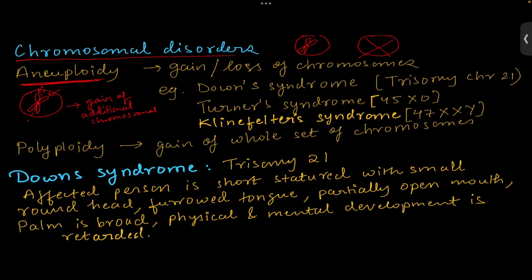Now, if these defective gametes fertilize another male or female gamete, nature allows the development of that zygote, and it becomes a person. That person will show a disorder. They will not be normal like you and me, right? They will show some kind of disorders.